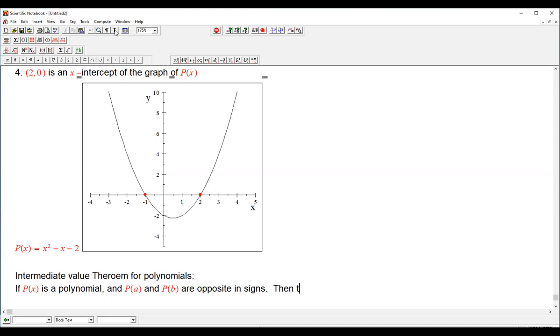Then there exists at least one value C, and C is between A and B, such that P of C is 0.